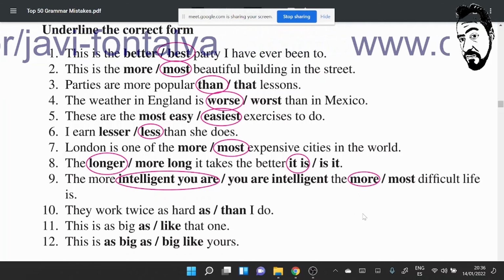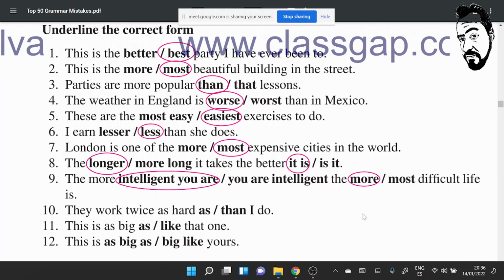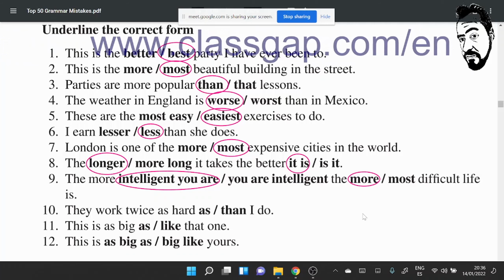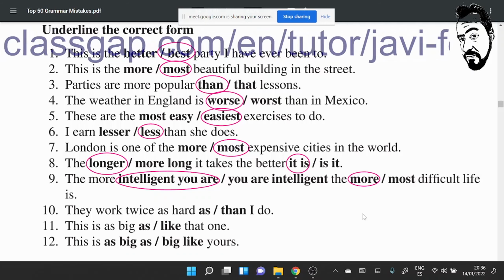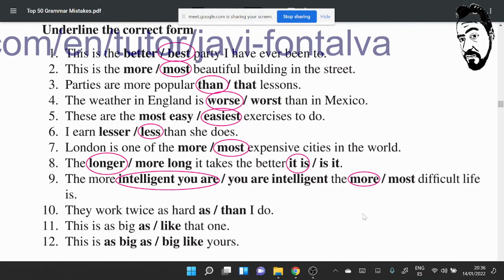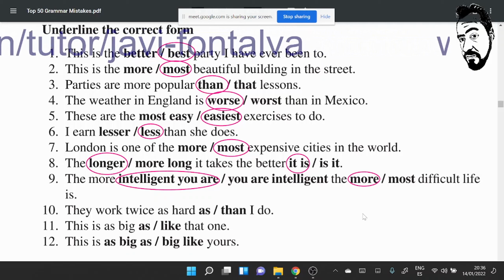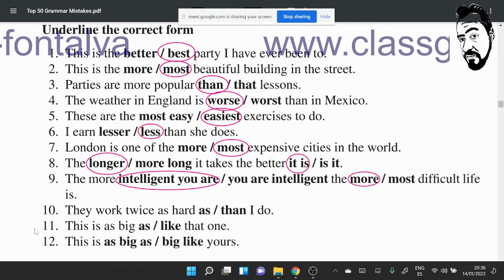So we say the more adjective, the more adjective. For example, the more you run, the more tired you are. The more you watch TV, the less intelligent you are, etc.